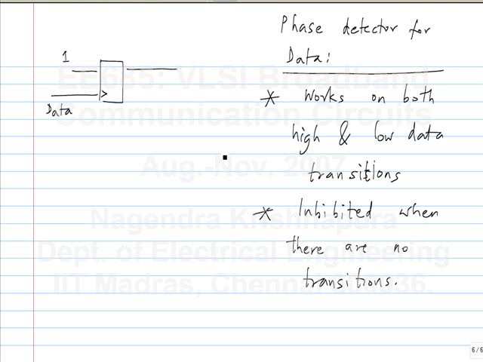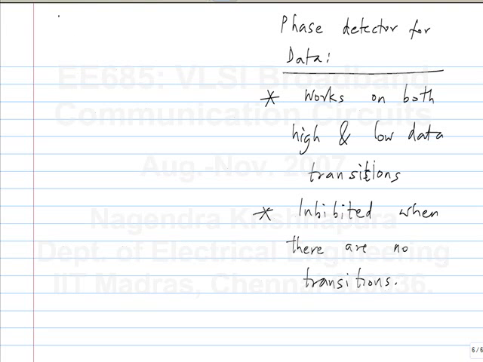Normal PFD after this. No, first of all, this itself is, once you have an edge, it will give you 1 without reset. And also, I mean, you need the clock, right?